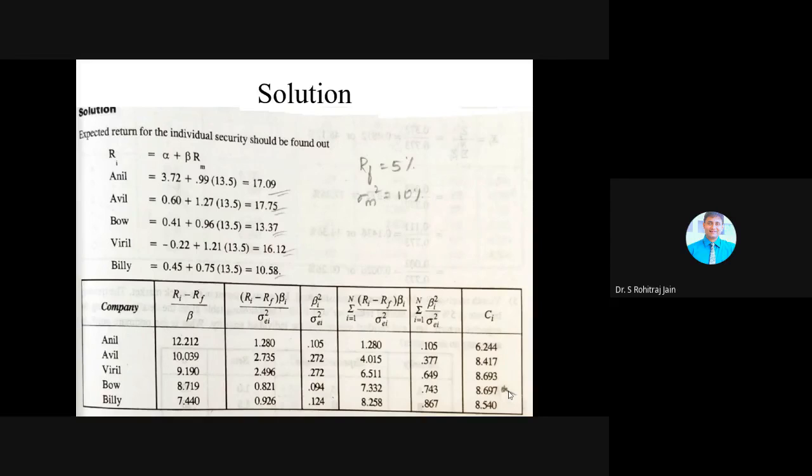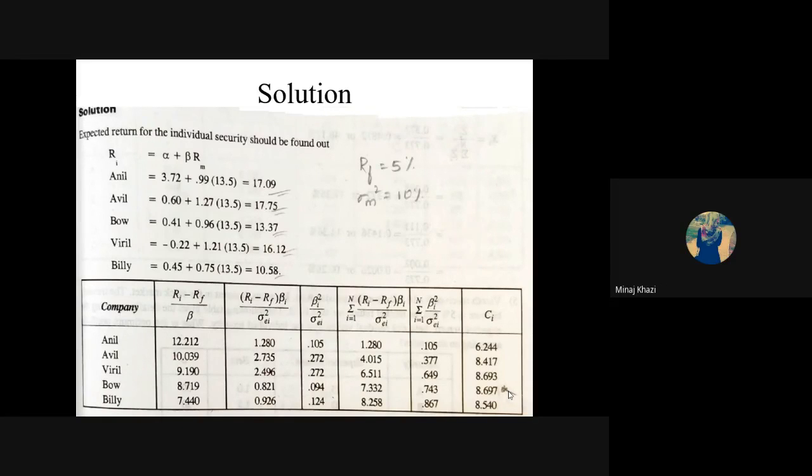First, what we have calculated? First of all, we have calculated the expected return for the individual securities. The formula is Ri equals alpha plus beta into market return Rm.